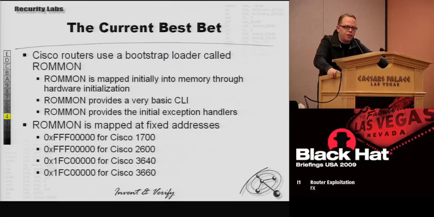So ROMMON is actually mapped on a stable address based on the line of Cisco routers you're talking about. For 2600 and 1700, it's actually on the same address. And as you see, for the 36 series, it's on the same address too. So you reduce the amount of information you need down to how big is the box I'm trying to exploit.